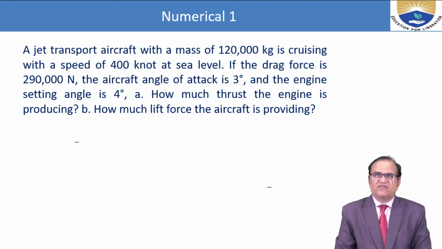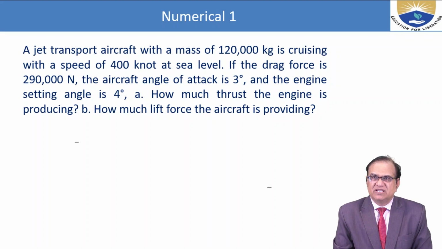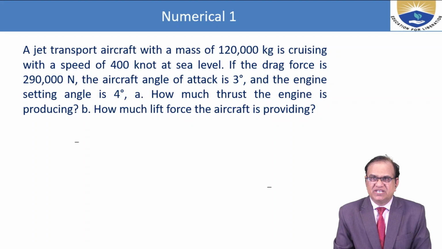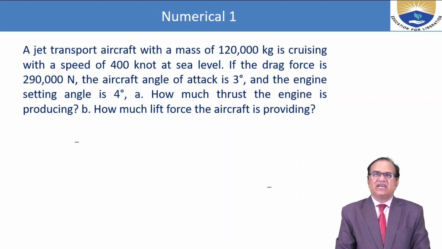A jet aircraft with a mass of 120,000 kg is cruising with a speed of 400 knots at sea level. If the drag force is 290,000 Newton, the aircraft angle of attack is 3 degrees and the engine setting angle is 4 degrees.